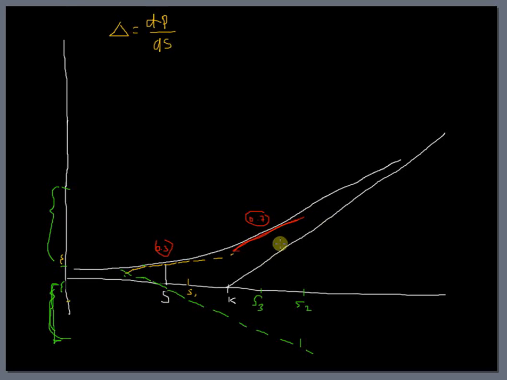Have we done that? When S subsequently moves from S3 to S2, the movement here will be much more equal to the movement in the underlying share price. So a 0.7 hedge here will be equivalent to this. Okay, so movement from S3 to S2, right, will be much more equal.